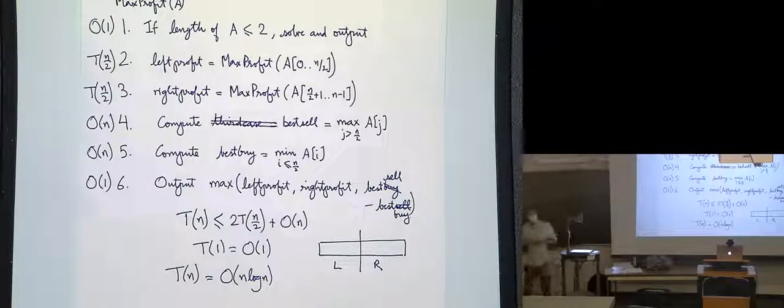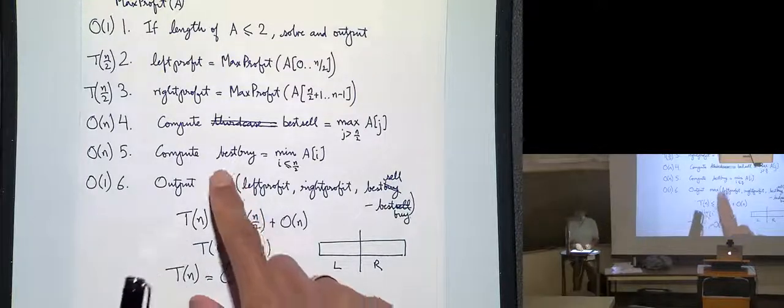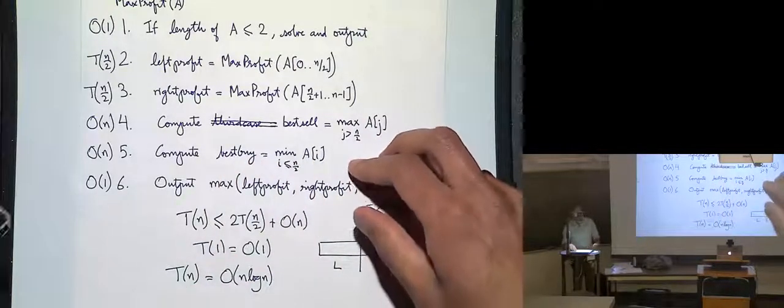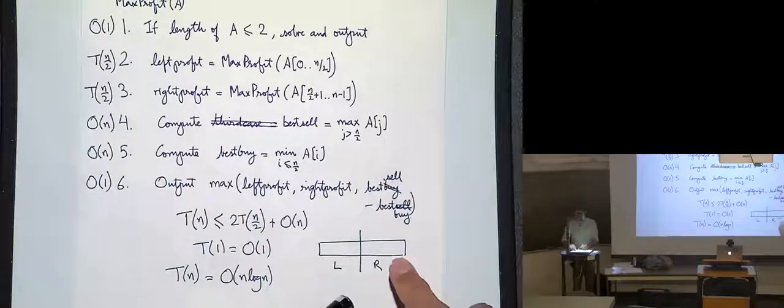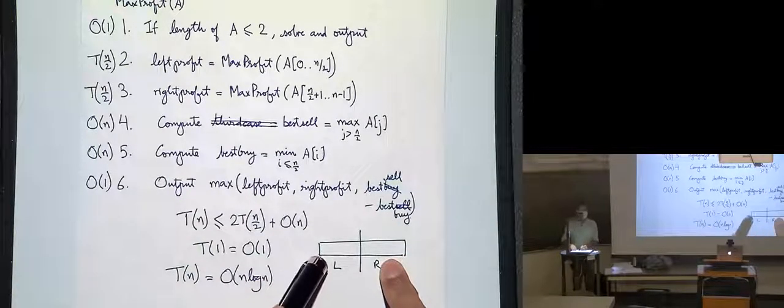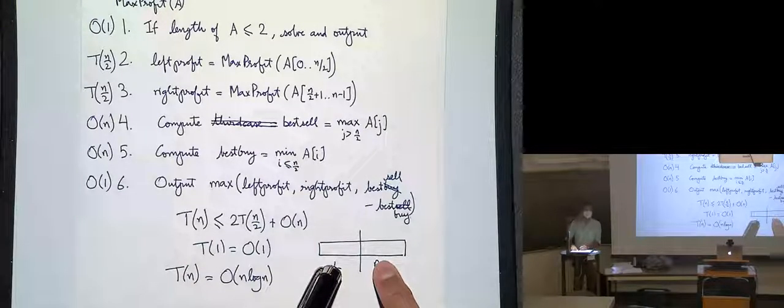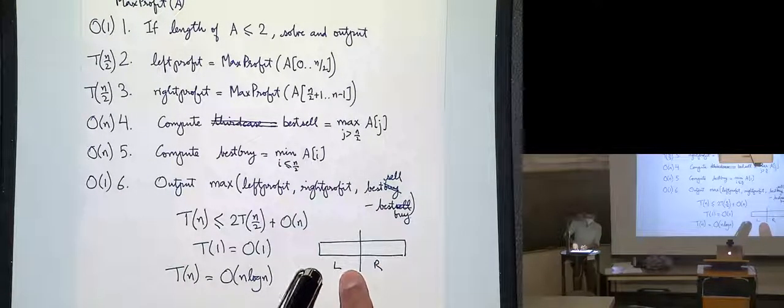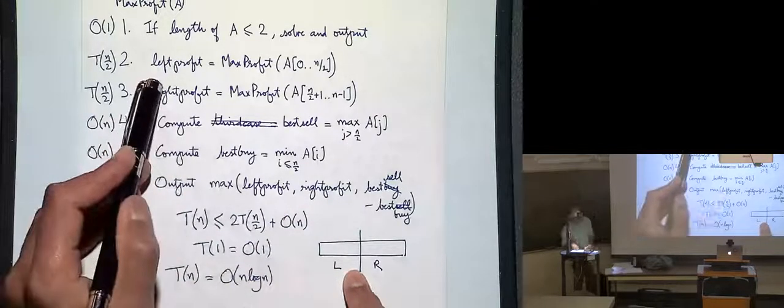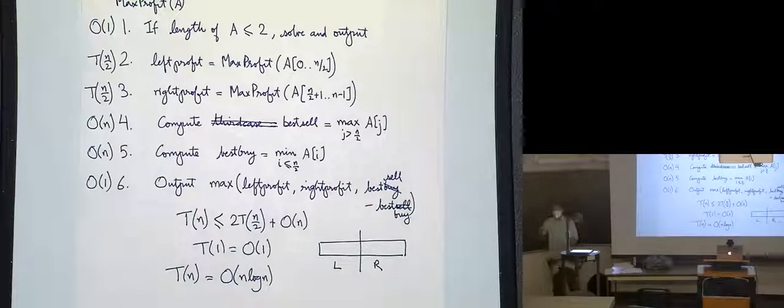Exactly. So I don't know if everyone understood. It's a very clever solution. The idea is, okay, so why are you getting O of n? Because you have to compute the max in the right and the min in the left. But suppose the recursive procedure outputs not just the profit, but also the min and the max.